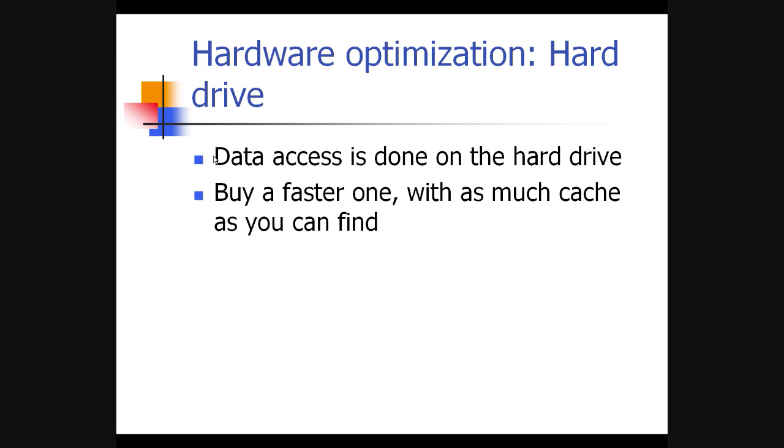So if you have 1 megabyte of cache, or 8 or 16 or 1 gigabyte of cache available on the hard drive, obviously you have much more chance to have the data available the next time you want to read it. And in that case it would come directly from memory, so it will be 100 times faster than from the hard drive. So clearly you want to have something with as much cache as you can find.